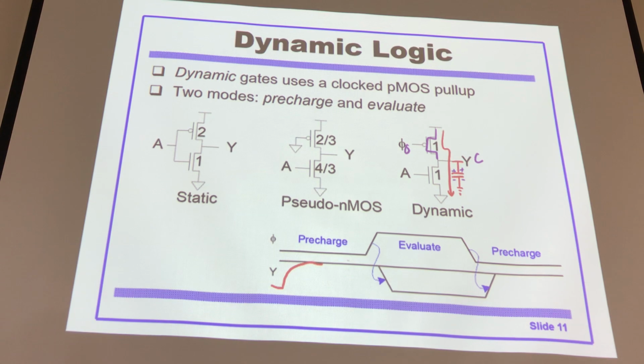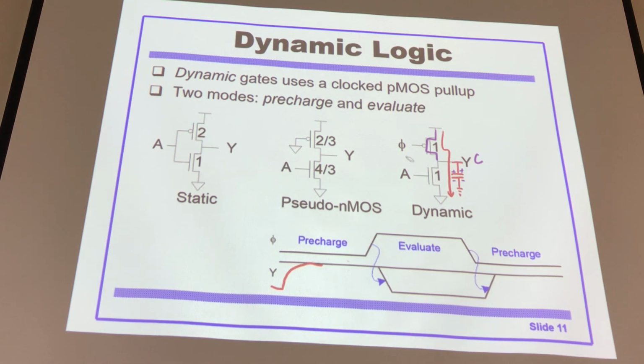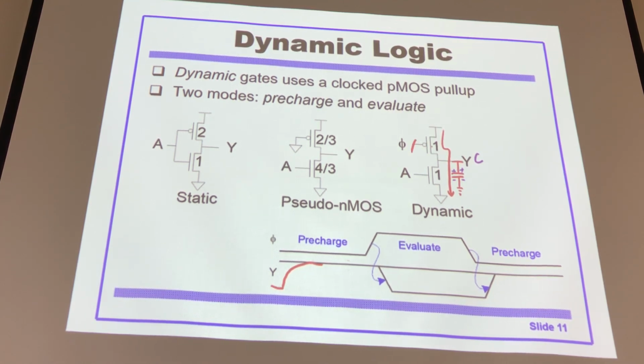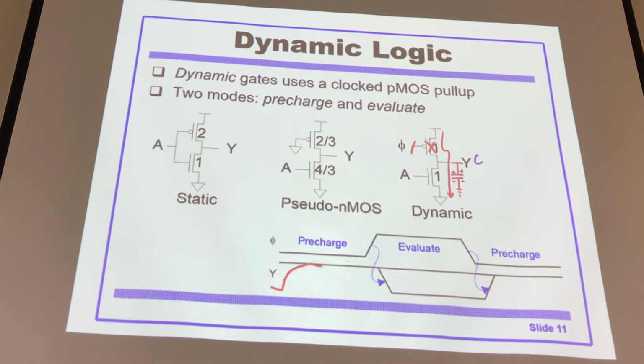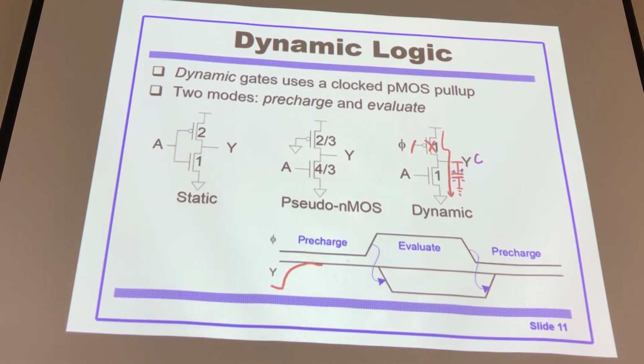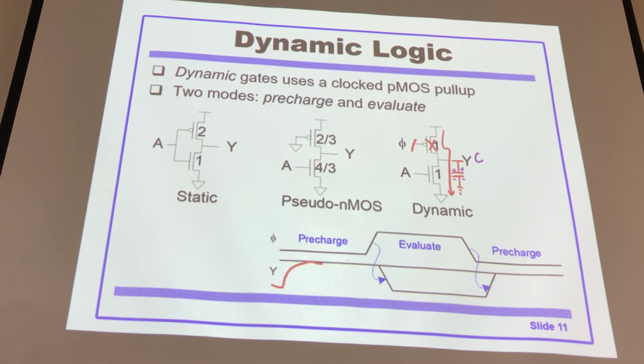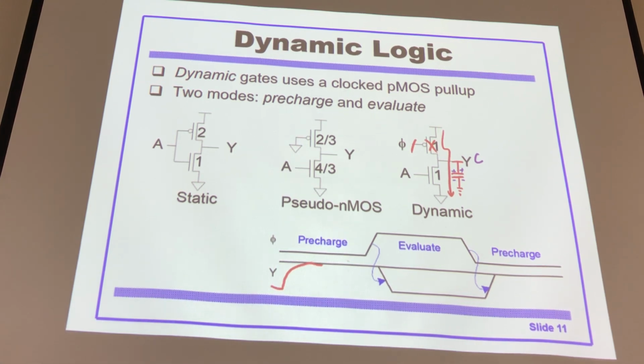After that, we enter the evaluate phase. In the evaluate phase, the clock signal becomes 1. And then PMOS transistor is off. Then it depends on your input A value.